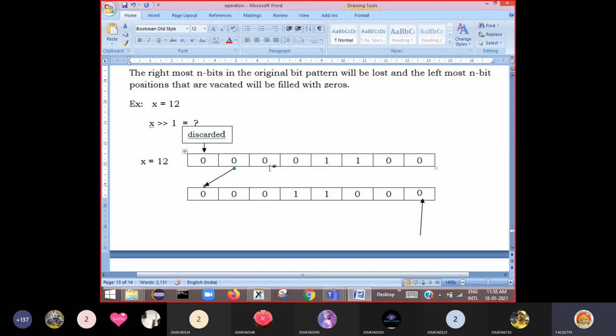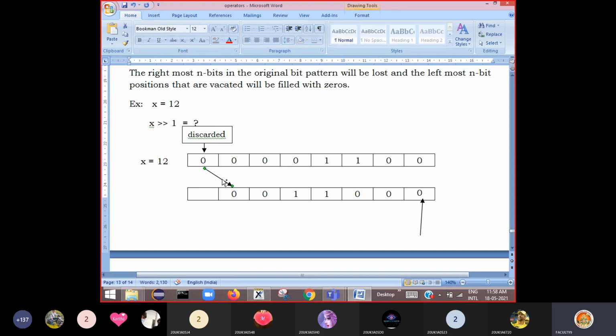All the bits will be moved towards right, 1-bit position towards right. So this bit will come to this position. Yes or no? This bit moves 1-bit position towards right, that means this will come to this position. So here an empty space will be created.